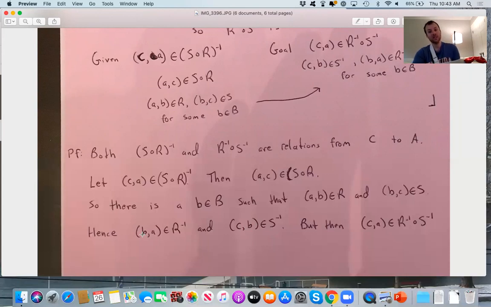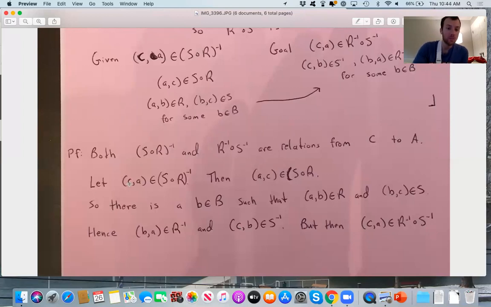So that means that if we take the first coordinate here and the second coordinate here and put those together, that gives us an ordered pair in the composition. So because we know there is a B, so CB is in S inverse and BA is in R inverse, then we can take the first coordinate and the second coordinate and put them together to get a pair in the composition. And that was where we wanted to get to.